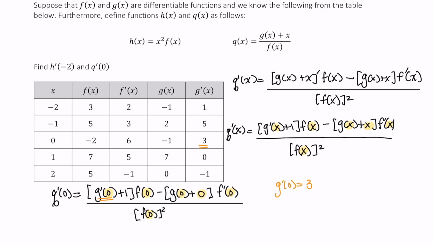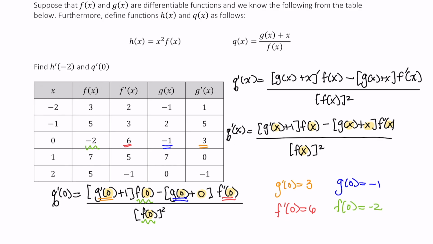Next, g of 0 is equal to negative 1. Now, what is f prime of 0? f prime of 0 is 6. And then f of 0 is equal to negative 2.